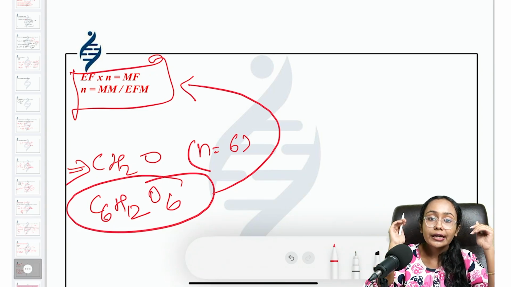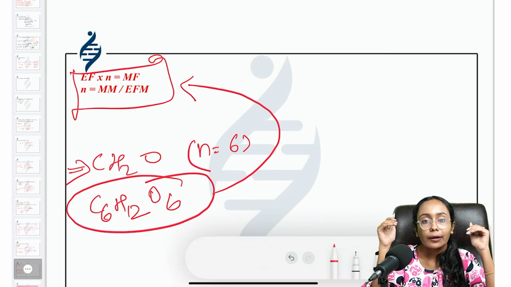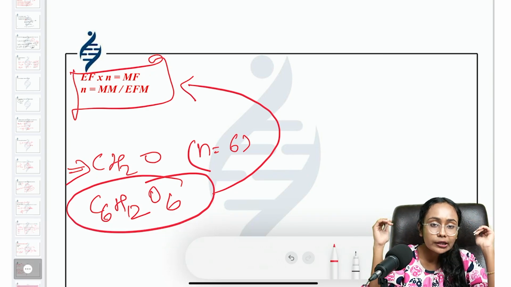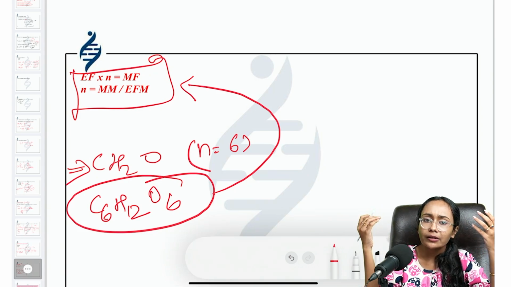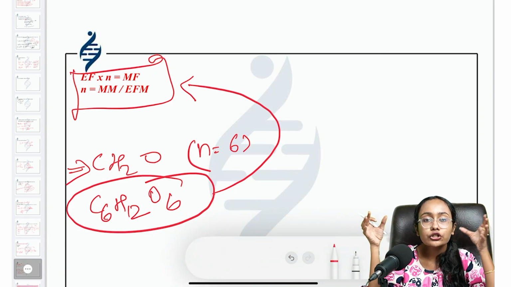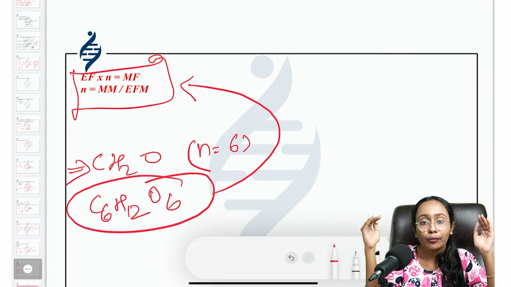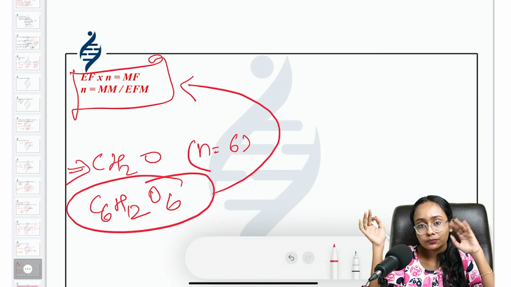Similarly, to get the n value, you have to divide the molecular mass by the empirical formula mass. What does empirical formula mass mean? Just summing up the masses of each element present in the empirical formula. If you have the molecular mass and empirical formula mass, divide them and you'll get the n value.